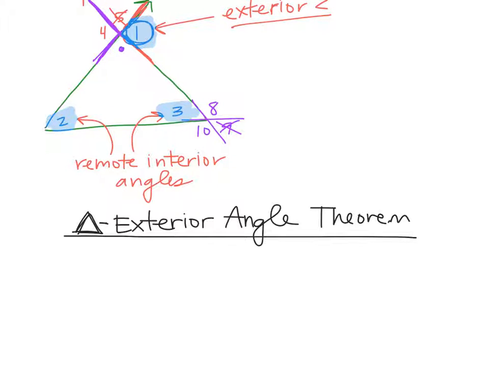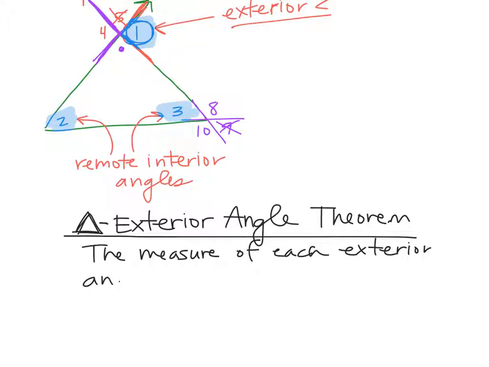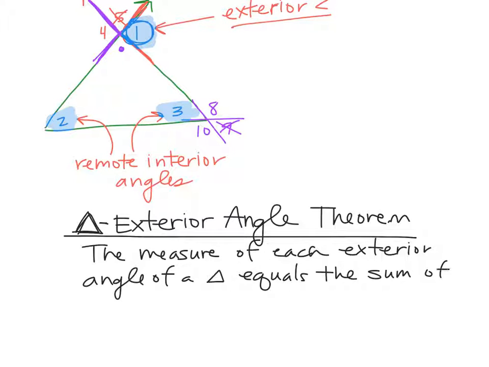What it says is this. The measure of each exterior angle of a triangle equals the sum of its remote interior angles.